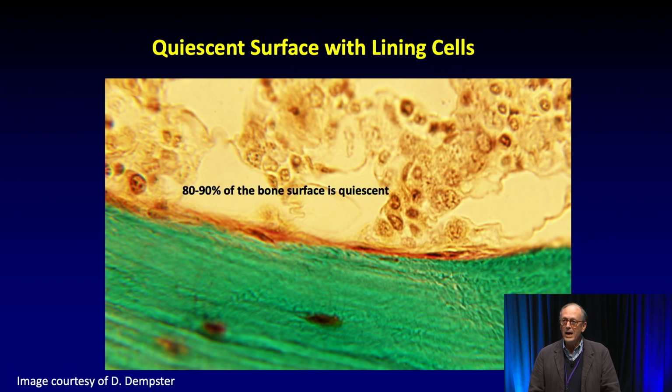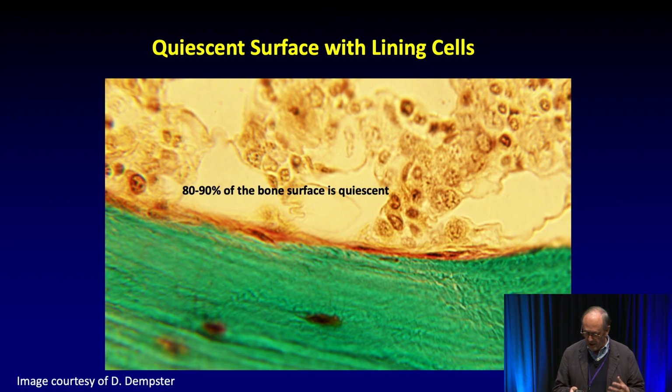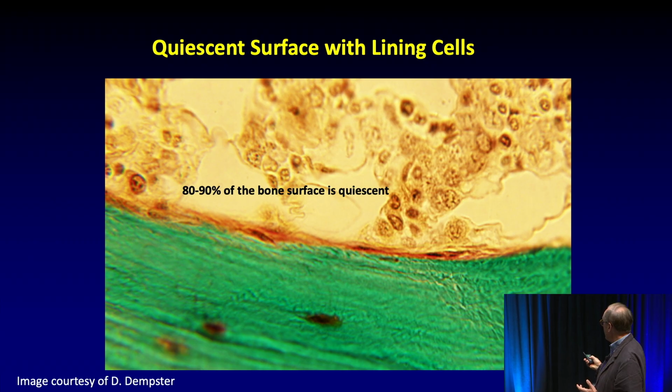Now, it so happens that these activities of remodeling in the normal adult cover only about 10 to 20% of the surfaces of the interface with the bone marrow. The other 80 to 90% are what we call resting or quiescent surfaces, where the cells are lining the mineralized tissue.